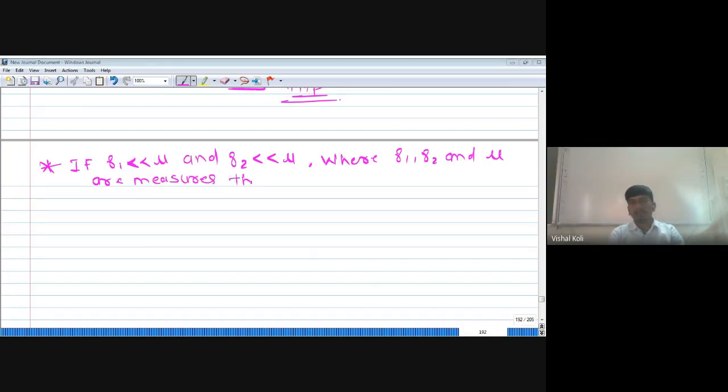Then prove that C1 gamma 1 plus C2 gamma 2 is also absolutely continuous with respect to mu.